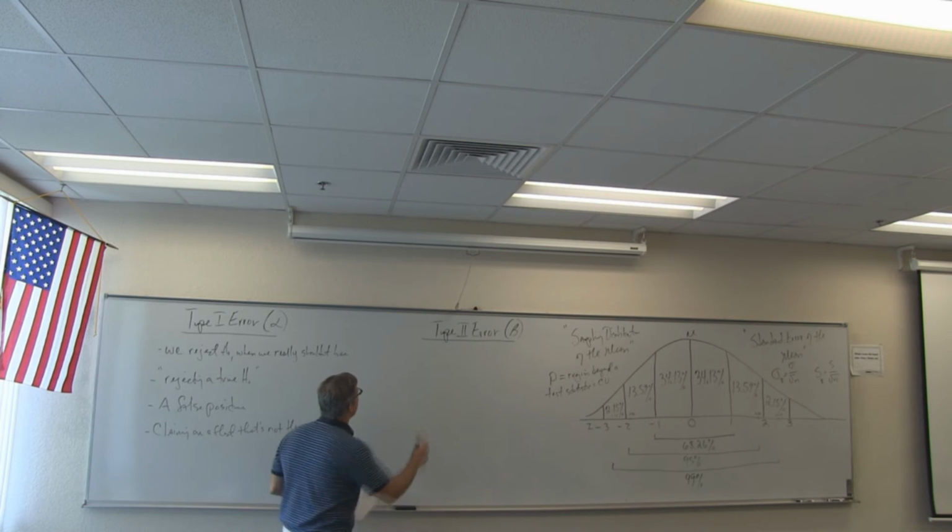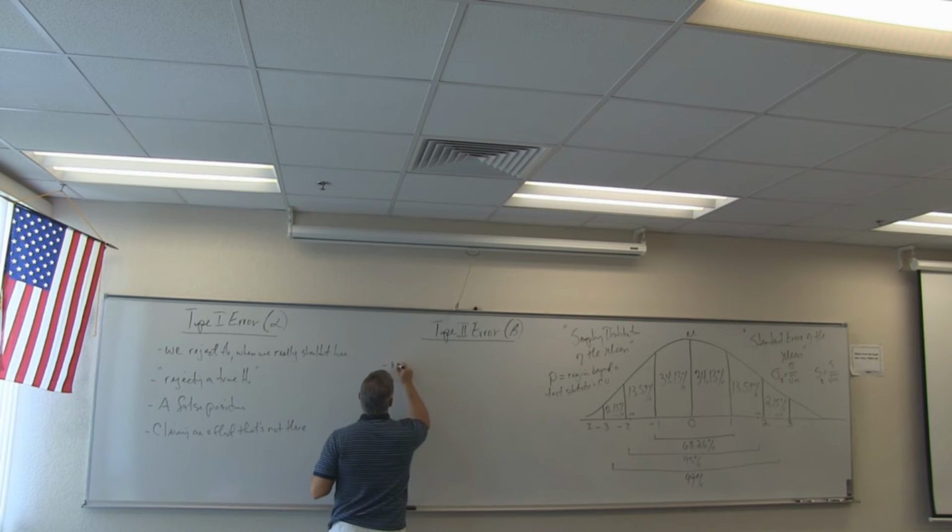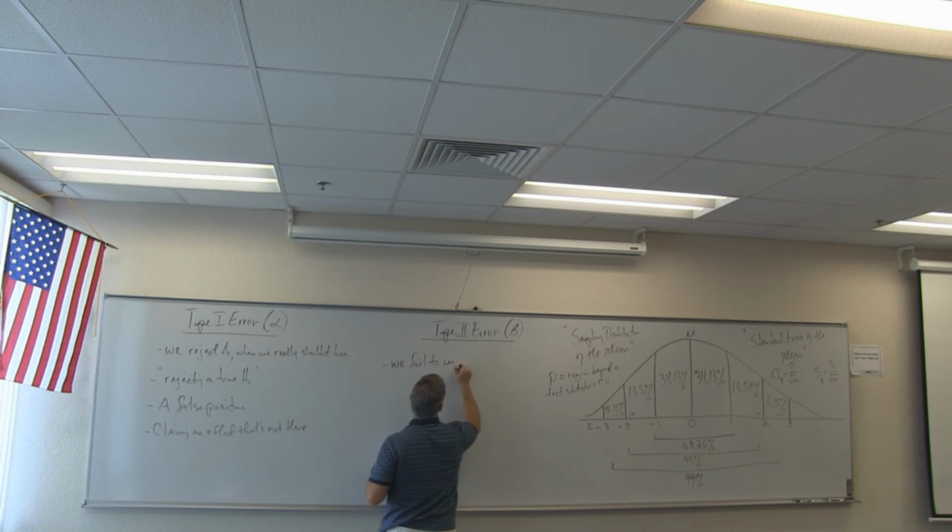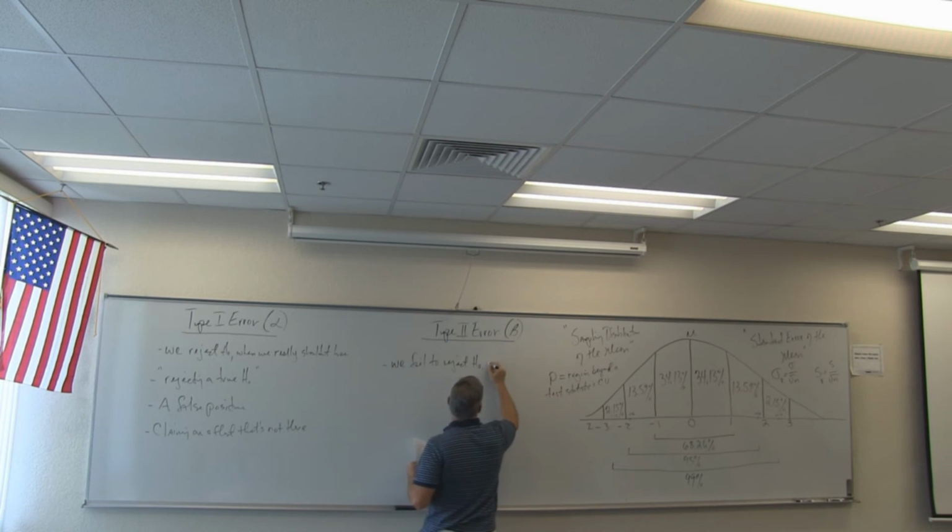We commit a Type 2 error when we fail to reject the null when we really should have.